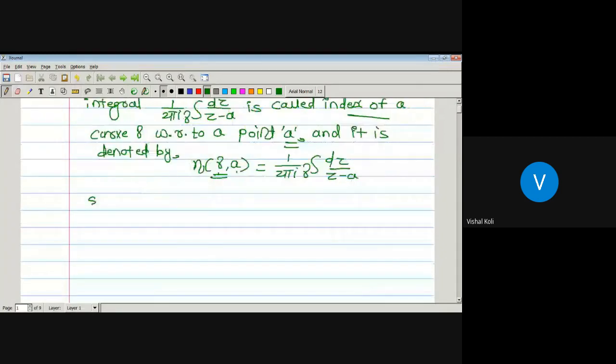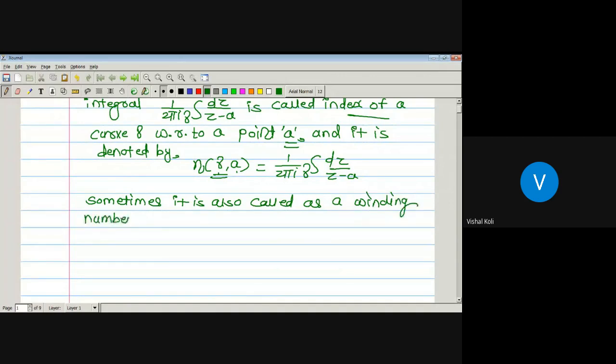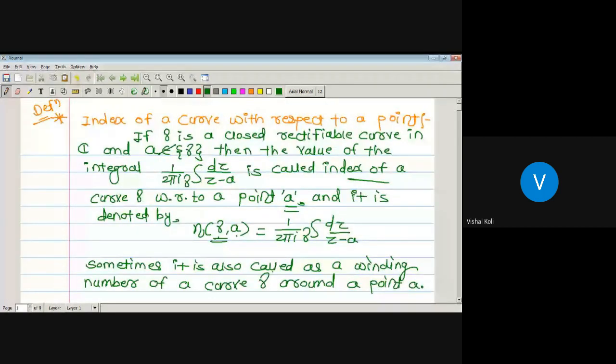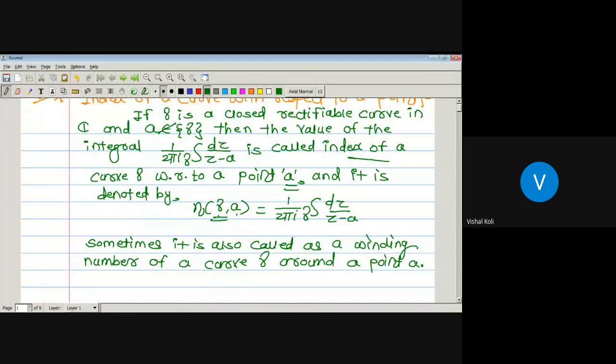Sometimes it is also called the winding number of a curve gamma around a point A. In the last lecture, we have already proved that the value of the integral one upon 2 pi i integral over the curve gamma dz upon z minus a is always an integer.